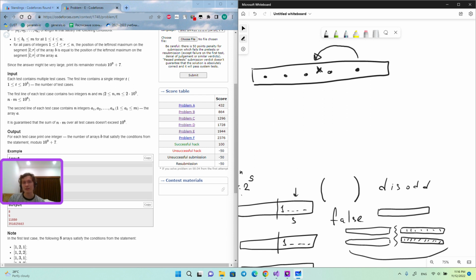So obviously, this number should be strictly less than this number, but not than this number. So these two numbers might be equal. No, they cannot be equal. This number should be strictly less than this number.